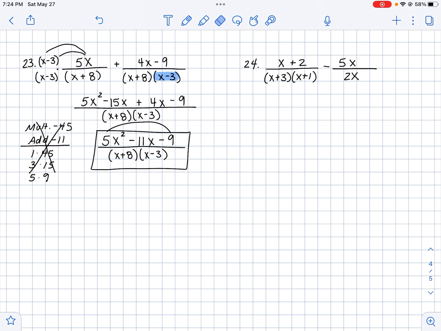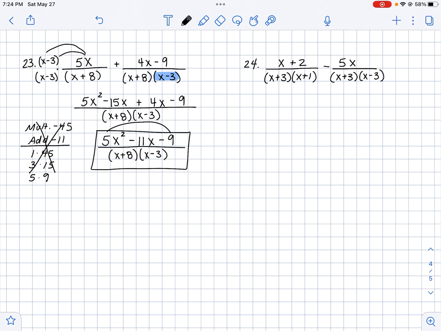Okay, so, oh, nope, I definitely wrote that wrong. I just looked at the wrong problem. (x plus 3)(x minus 3). Okay, let me triple check that I wrote that right.